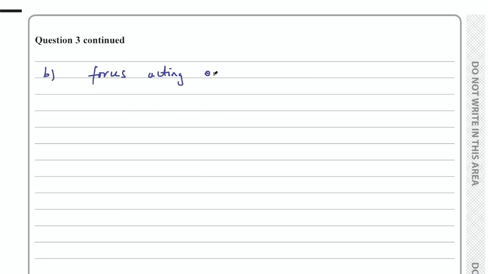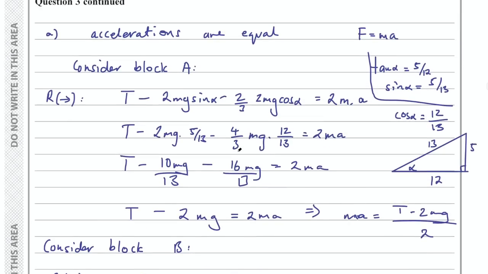So we've got forces acting on A, we have the box here, and we've got essentially gravity pulling down, and we've got the parallel component of that, 2mg sine alpha, and then we have friction pulling up the plane, which is 2/3 of 2mg cosine alpha.